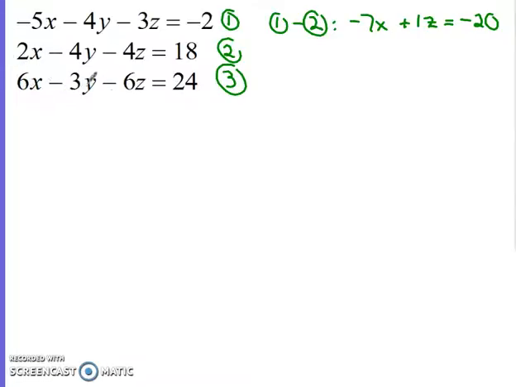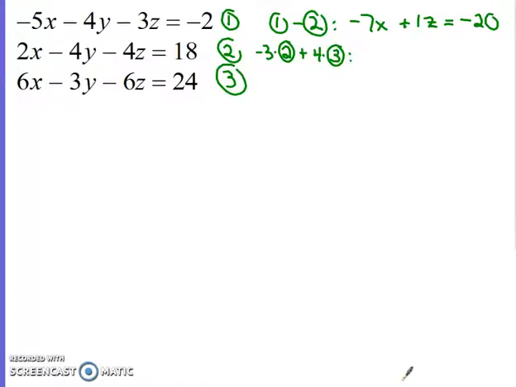I think I'm going to multiply equation 2 by negative 3. Okay. So that'll make this into positive 12y. And then I'm going to multiply equation 3 by 4. That'll make this into negative 12y. And then I'm going to add them. Okay. So I think that's going to work.